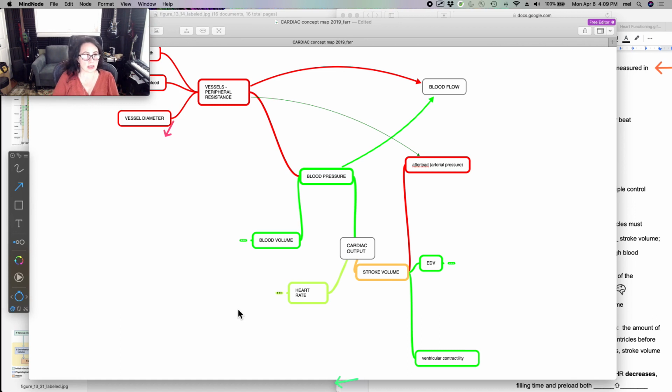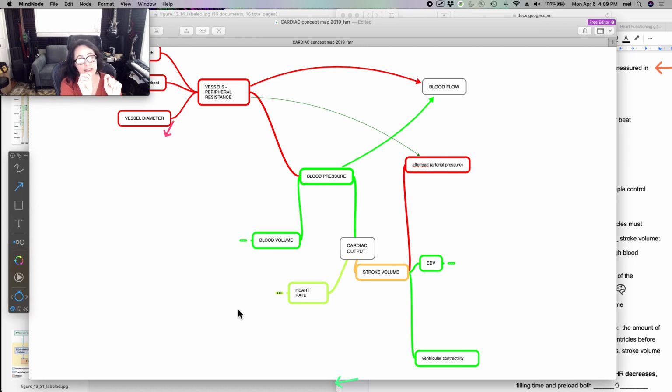If they're all gunked up and narrow, or if you have major vasoconstriction going on in your arteries, then the pressure that you're pushing against from the heart is higher. And remember, blood flows from high pressure to low pressure.